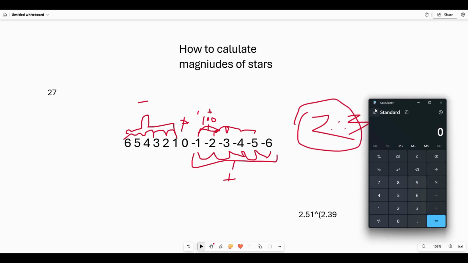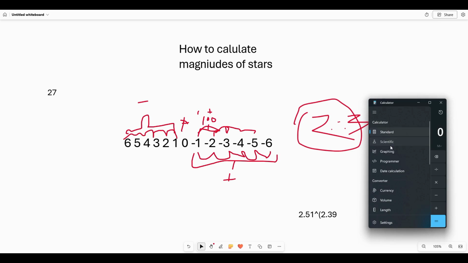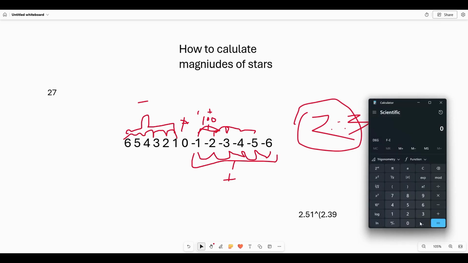I don't think it is written over here. Scientific? Yes. So we've got 2.51 by the power of. Oh no, I didn't ask for this though. 2.51.